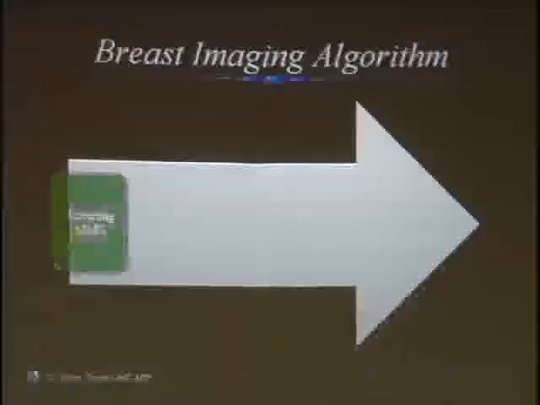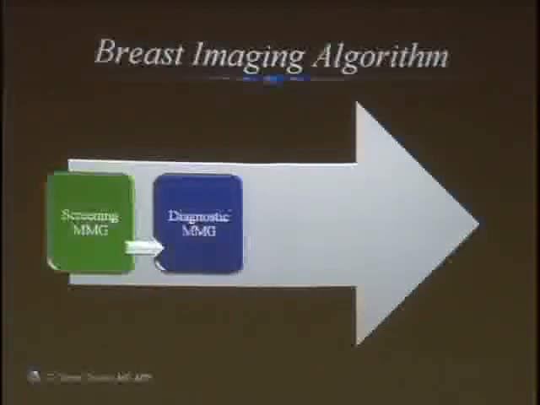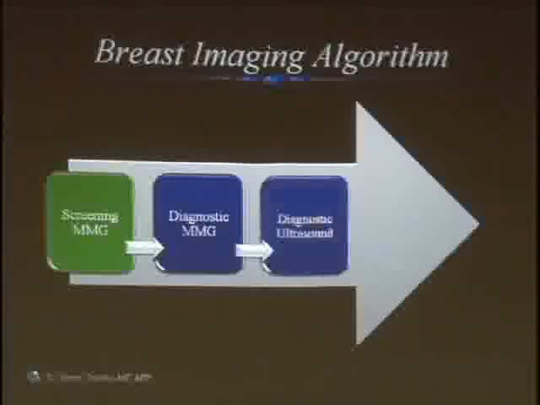So the breast imaging algorithm we talked about today, this is it, and this is how it works. It starts with you ordering a screening mammogram every year on all your female patients based upon their age. It can progress to a diagnostic mammogram. Encourage them to go to it and get squeezed again. It can go to a diagnostic ultrasound.